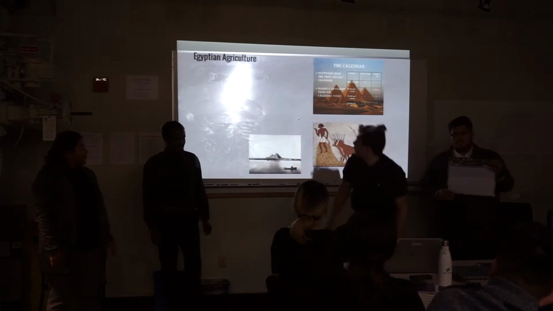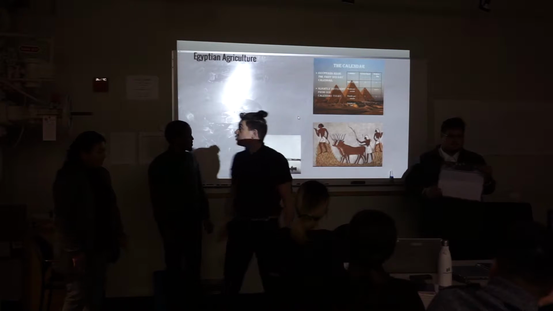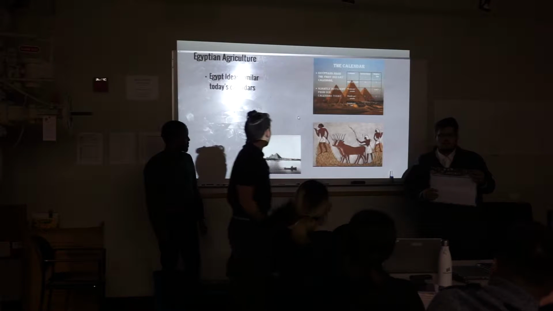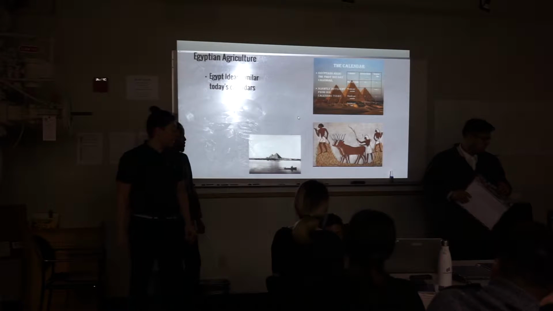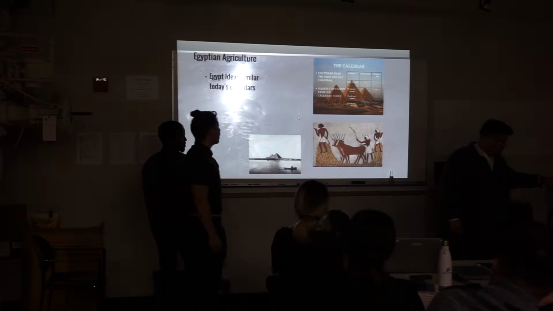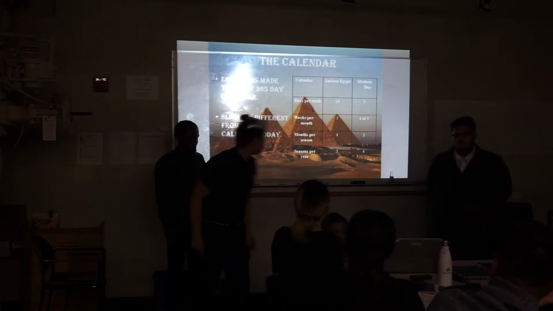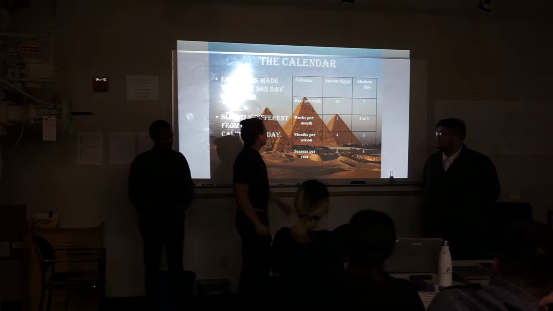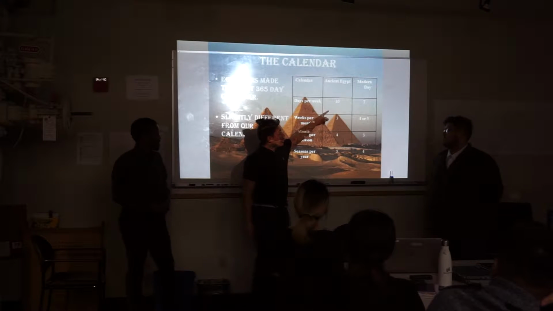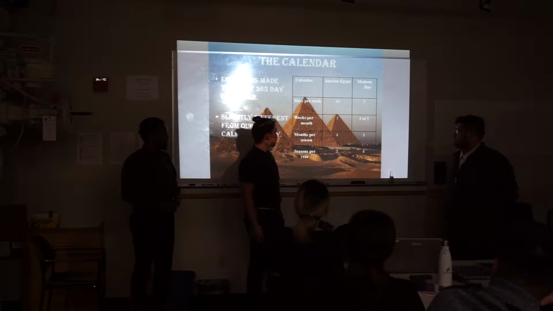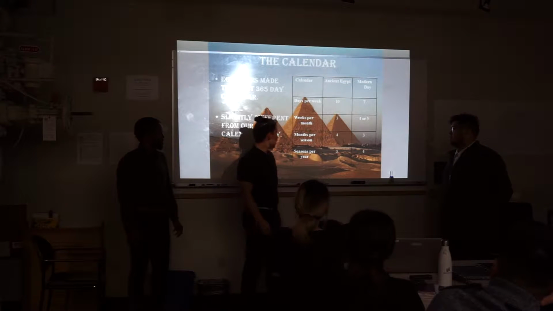All right, the ideas for calendars all started in Egypt, and they're based off of agriculture. The calendar in Egypt was very similar to the calendar we use today, as you can see right here. There were 10 days per week and 3 weeks per month, which was 30 days, very similar to our months today.